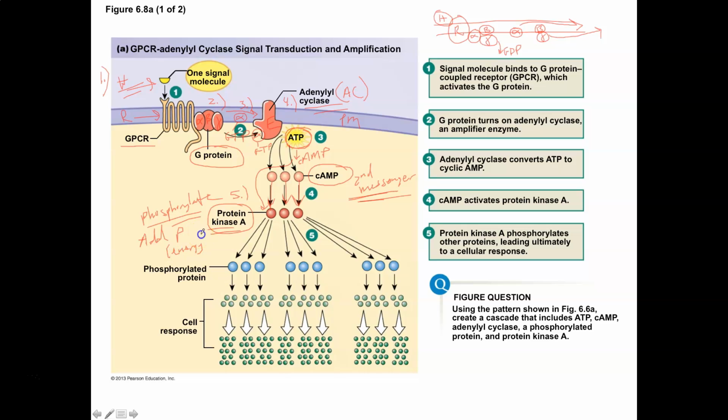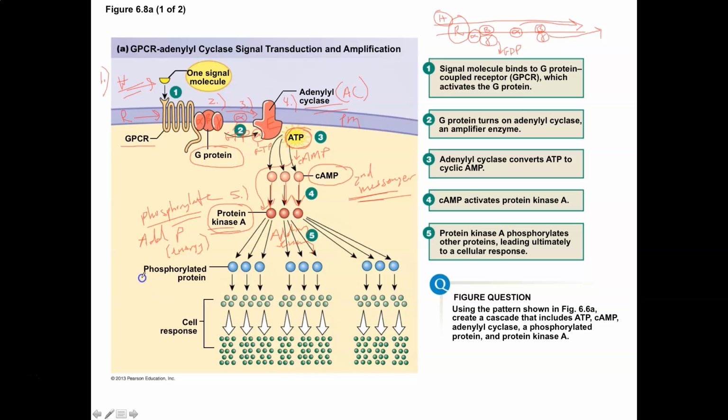So really what a protein kinase is doing, whether it's protein kinase A or whether it's protein kinase C, whichever version it is, it's adding energy so that other proteins within the cell can go on to do work. So the protein kinase is going to add energy. Okay, so I can write right here, it's adding energy.